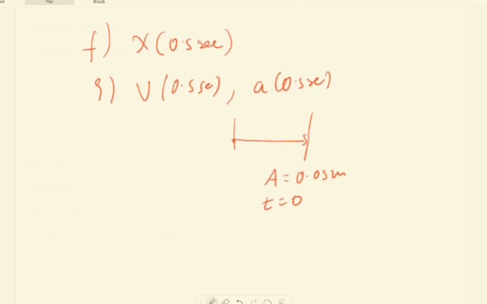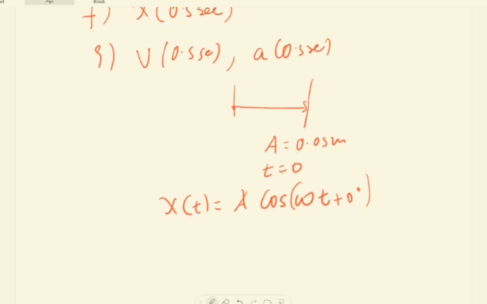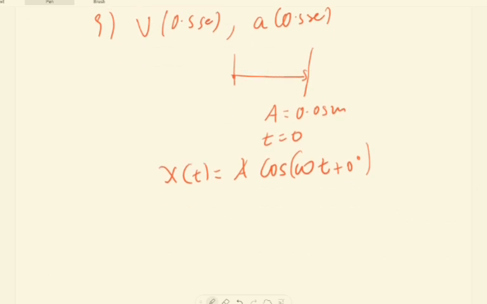So the position of the particle as a function of t is the amplitude A times the cosine of omega t. The phase angle is 0 degrees, because displacement is maximum at t equals 0.